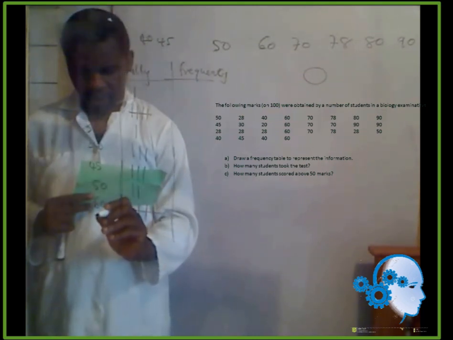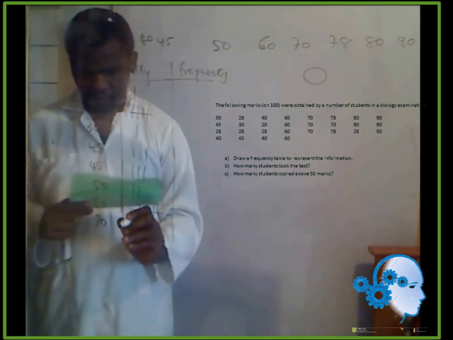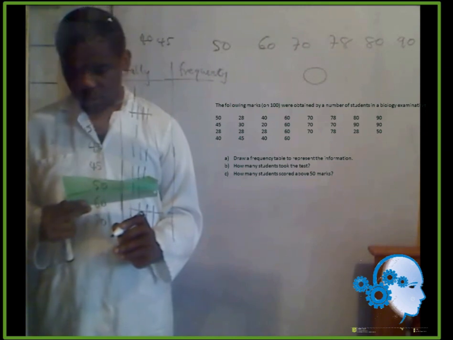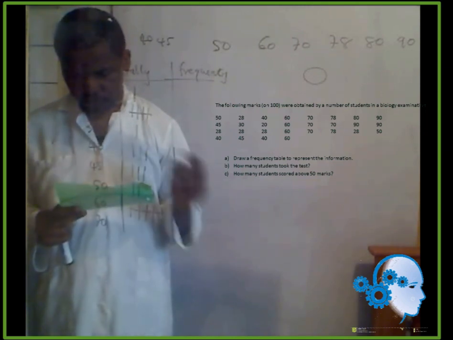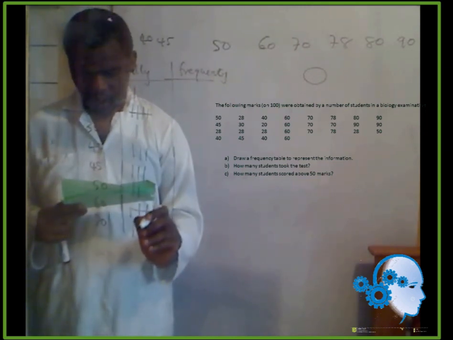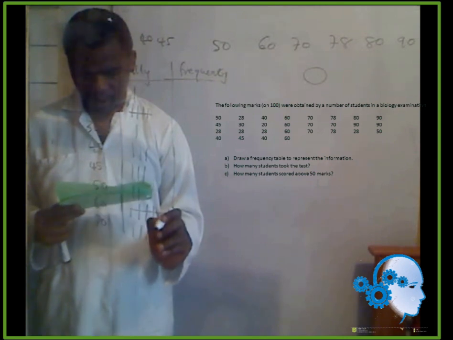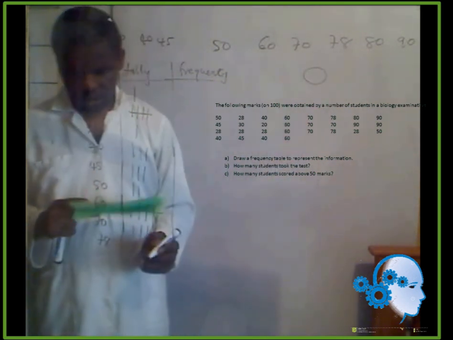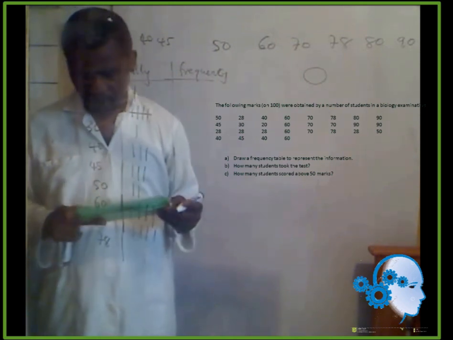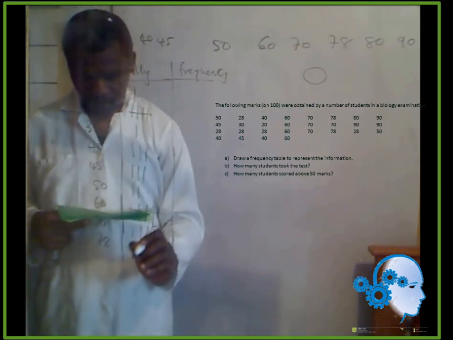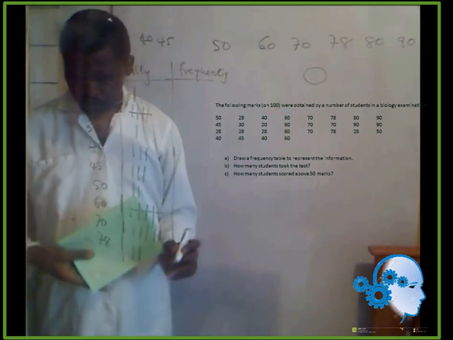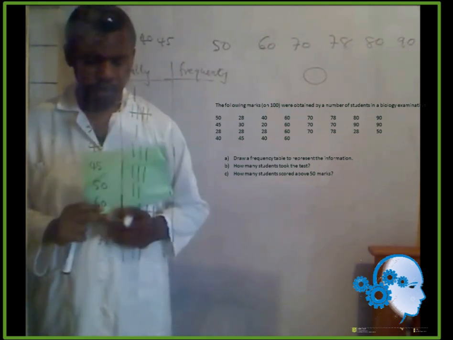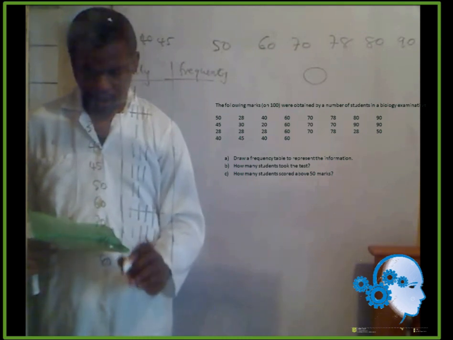This is the next number, 70. 70 goes there. 70 occurs how many times? 1, 2, 3, 4. 78. 78 occurs how many times? 80.